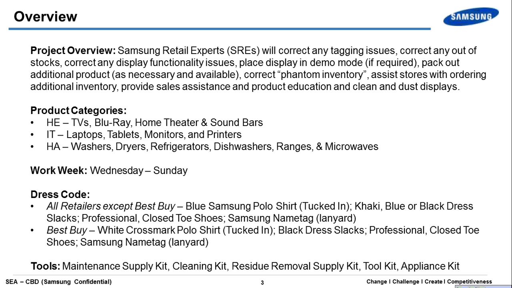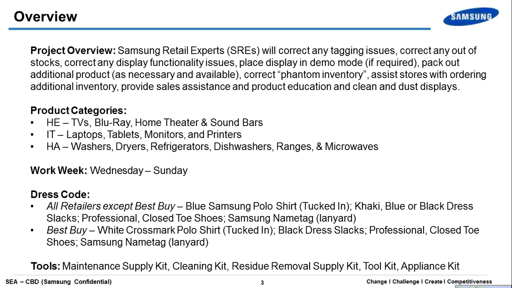The dress code for all retailers except for Best Buy, you need to wear your blue Samsung polo, and that should be tucked in so we look presentable. And you can either wear khaki, blue, or black dress pants. Now, professional closed-toed shoes are required, and your Samsung name tag and lanyard are required as well.